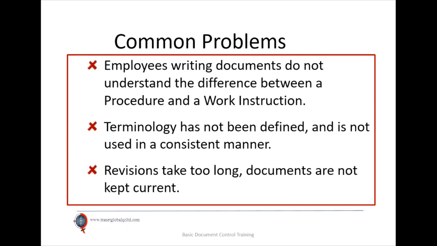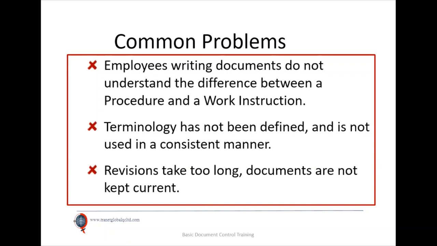Revisions take too long. Documents are not kept current. Sometimes you come to an organization during audit and they say, oh, this document is undergoing revision. You check when this revision started, and probably it's more than a month, or two months, or even six months, and they're still saying that the document is undergoing revision.